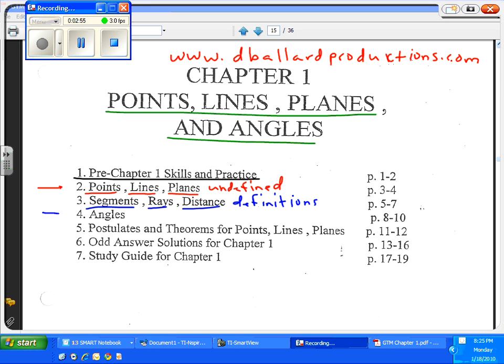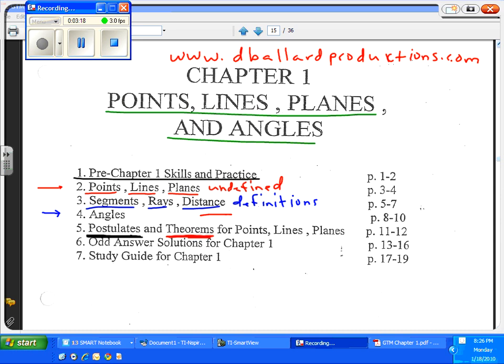We will define an angle. We'll talk about different classifications of angles, acute, right, obtuse, some things you've been familiar with in the past, and expound upon those things. And then we will begin to make rules in geometry. There's two types of rules that we'll talk about, postulates and theorems.